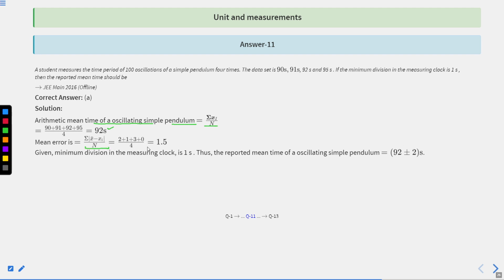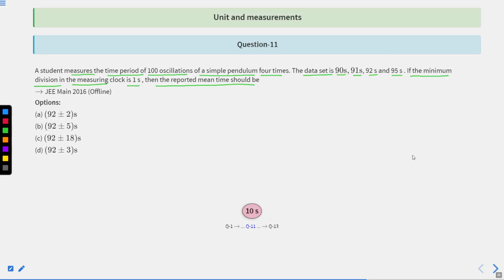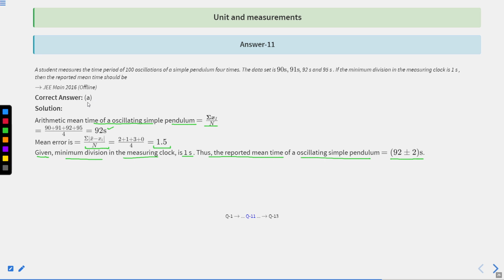After calculating, this is 1.5. So the given minimum division in the measuring clock is 1 second. Thus, the reported mean time of the oscillating simple pendulum is 92 plus minus 2 second. So the correct option is A. Clear?